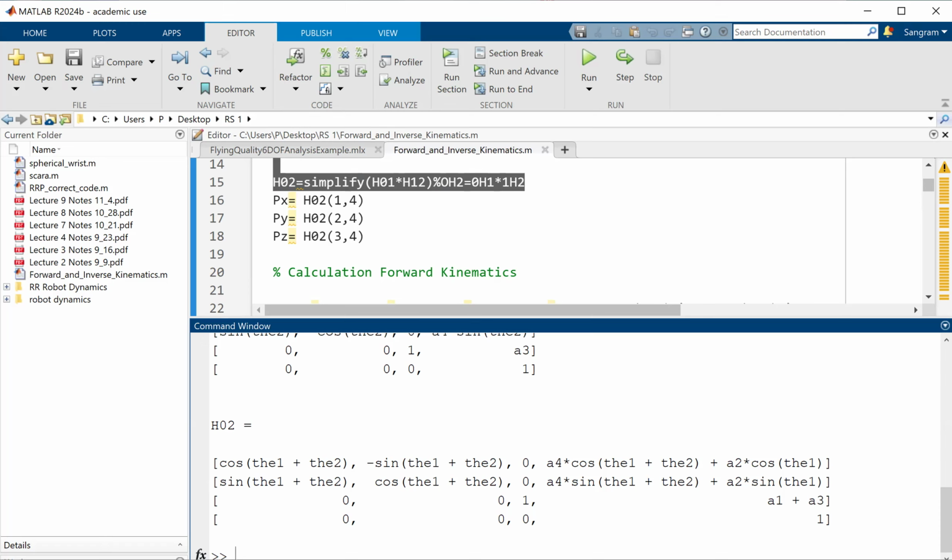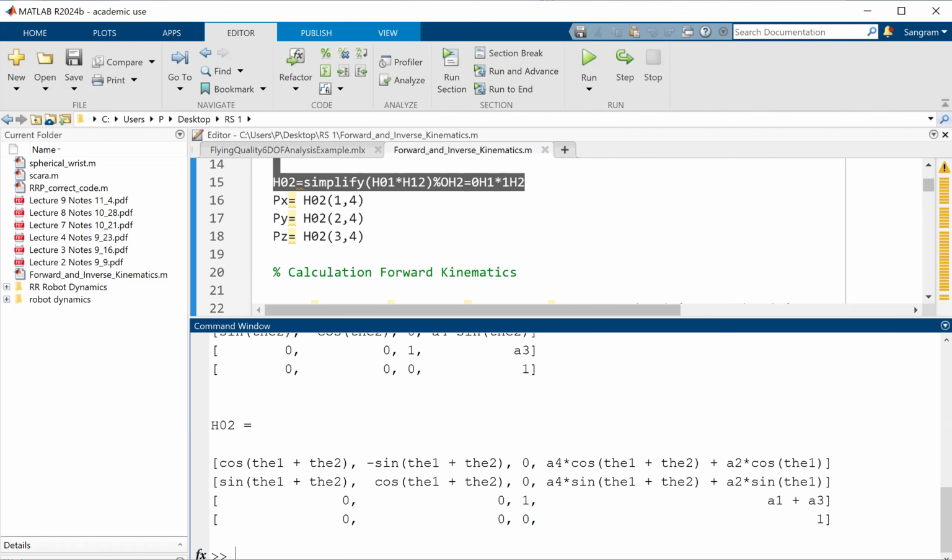Once again, this first 3 by 3 matrix defines the angular relationship between frame 2 and frame 1. And this angular relationship simply tells me that frame 2 is oriented by angle theta 1 plus theta 2. Very simple to see.